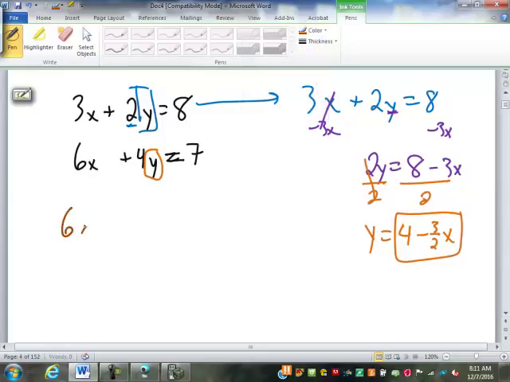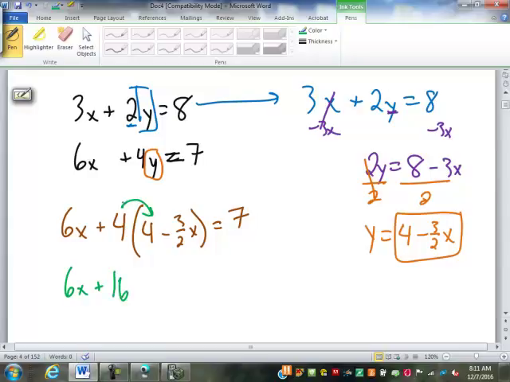So this is 6x plus 4 times 4 minus 3 halves x equals 7. So I have to multiply through by the 4 here. 4 times 4, 16. 4 times a negative 3 halves x, negative 6x.